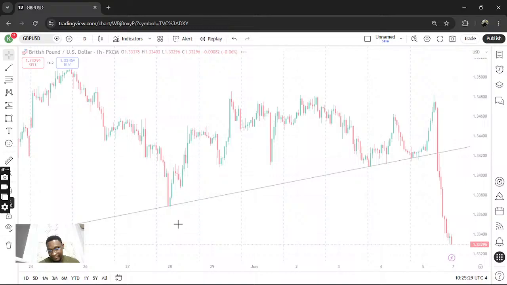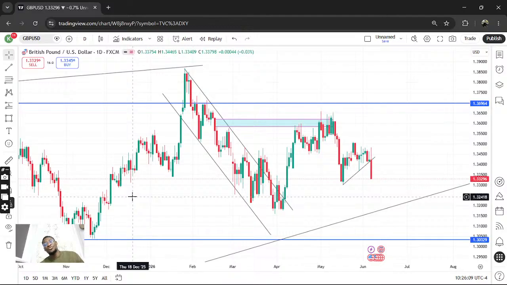Our major concern is what actually happened here last week. We don't want to discuss much into everything that has happened, but generally, it is in an uptrend. At this particular point, you can see that the market is trading at this level.